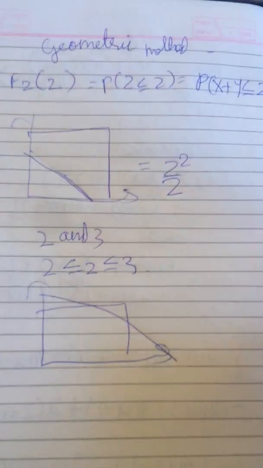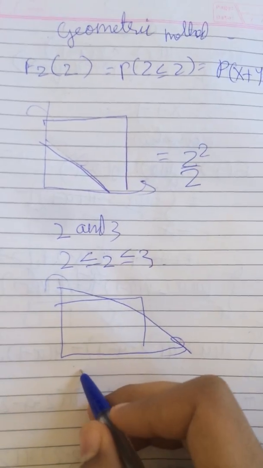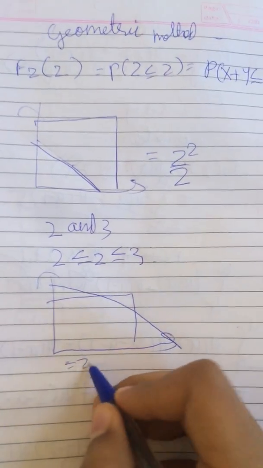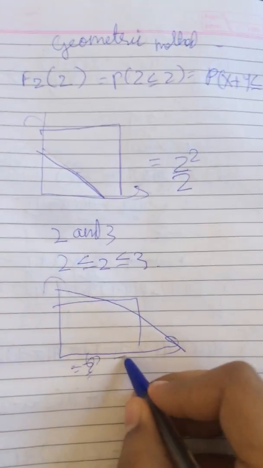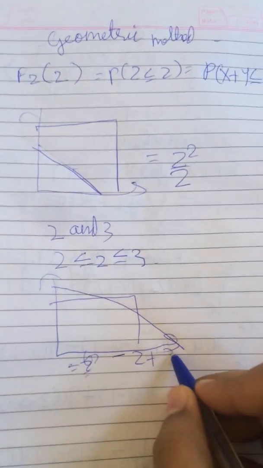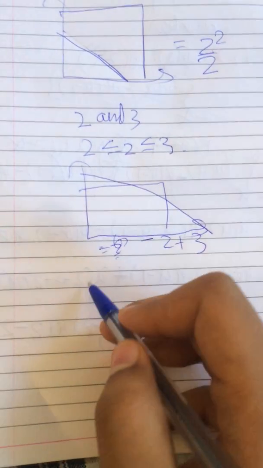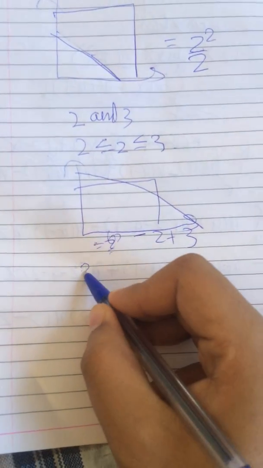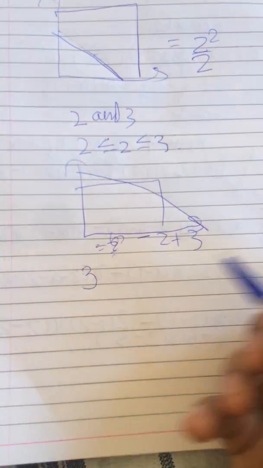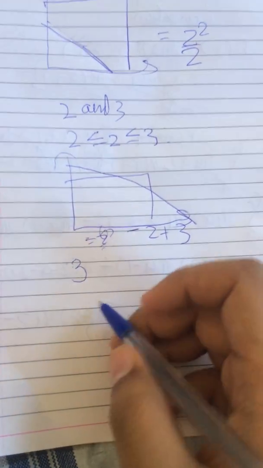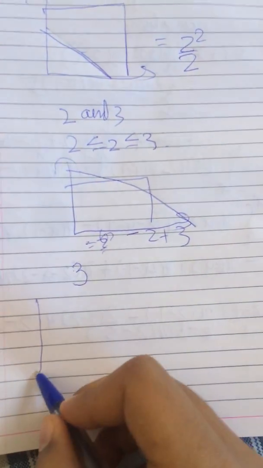On integration we find that the value is given by minus z plus 3. And similarly for the third case, for all values of z greater than 3, we can easily find that the answer will be 0.